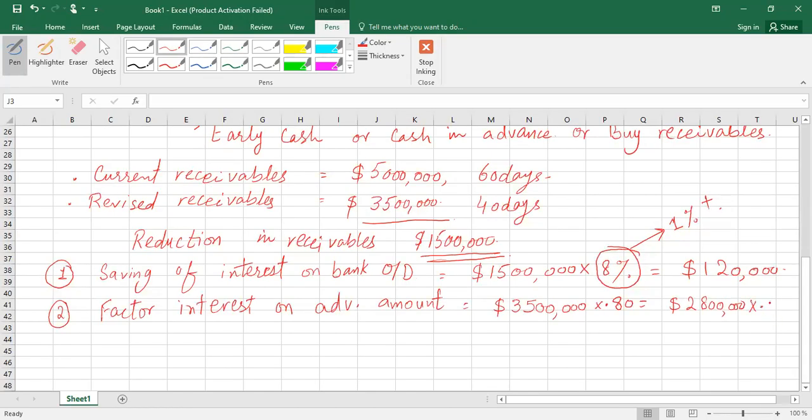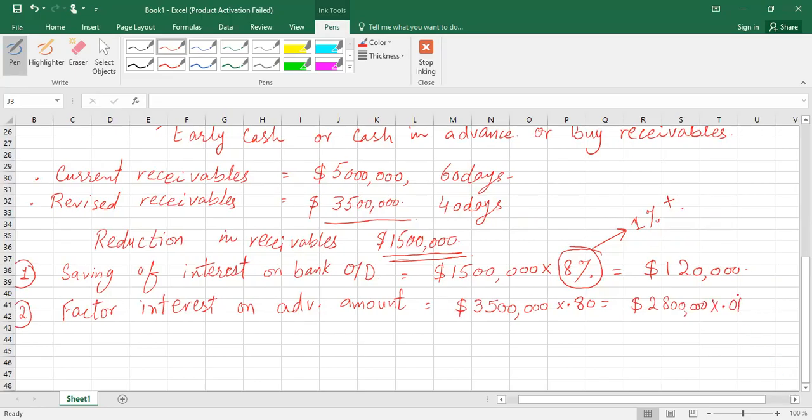And do not multiply it with the 9%. Multiply it only with the incremental interest. Why incremental interest? Which is 1%, because if you do not take an advance from the factor company, you will borrow a loan from the bank overdraft and you have to pay 8%.